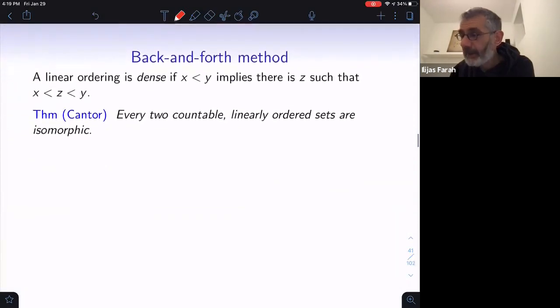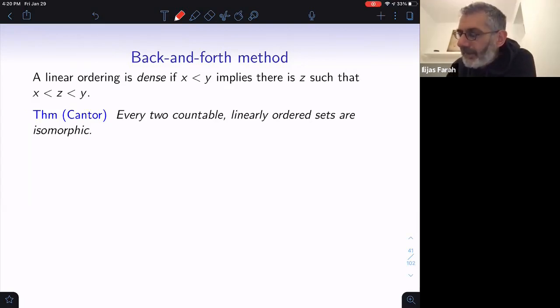Okay, so now comes the digression that I mentioned that apparently has nothing to do with Keisler's theorem. The so-called back and forth method that definitely some of you have seen. I'm actually worried that maybe everybody has seen this already. If that's the case, just let me know. I can just go on, but okay, I'll be quick.